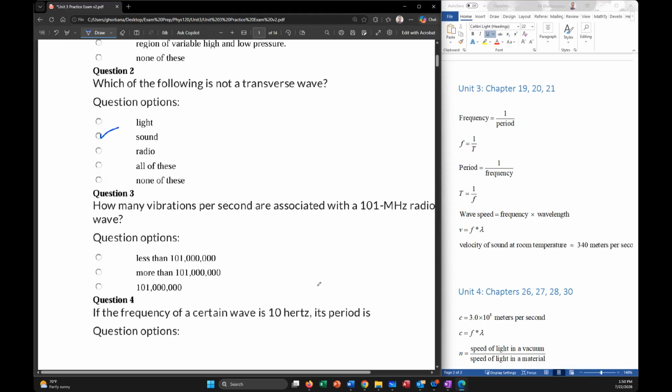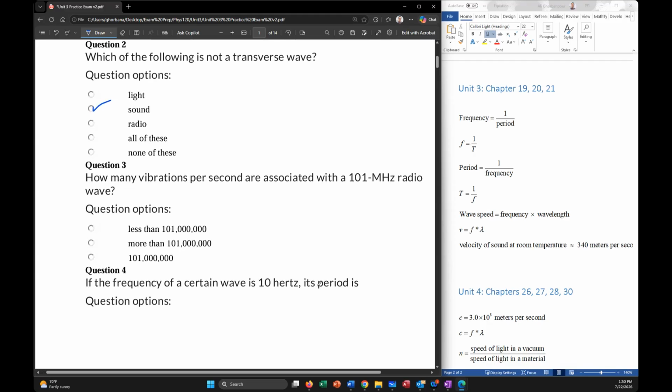Question number 3. It asks how many vibrations per second are associated with 101 megahertz. Vibration per second means frequency.